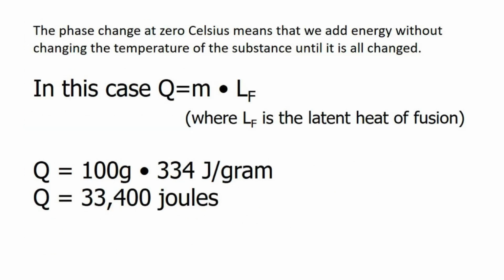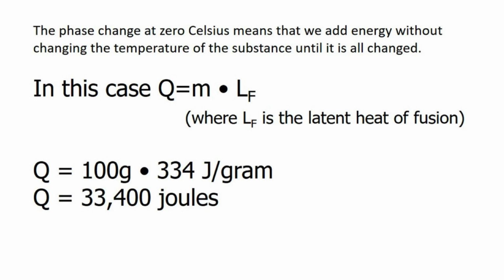The next slide takes us to the phase change. And we talked a little about this latent heat of fusion, but we didn't actually apply it to a problem yet. So here we are. We're going to take that same 100 grams, and this time we're just going to multiply it by what we call the latent heat of fusion, which is 334 joules per gram.